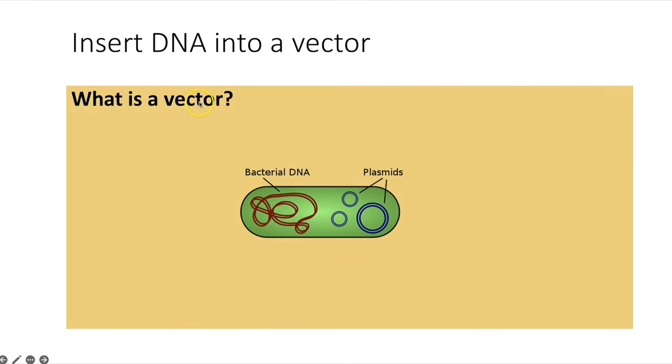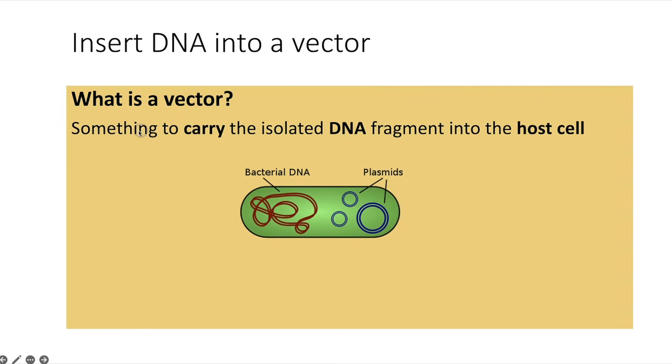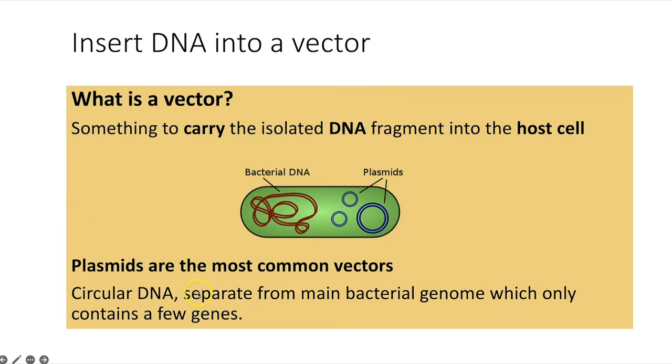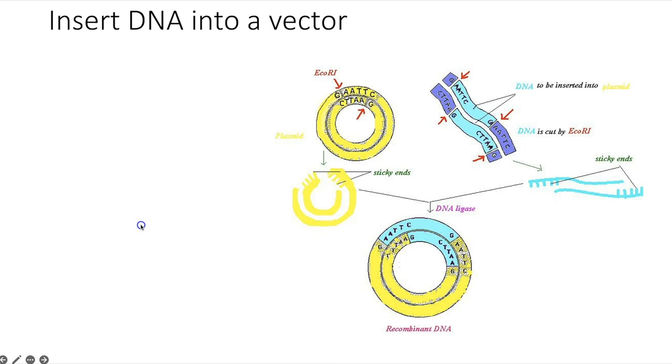Once we've done that, then we insert this DNA into a vector. And a vector is something that carries this DNA fragment into the host cell. Plasmids are the most common vectors which are used, and plasmids are loops of DNA that are found in some bacteria. So that circular DNA, which is separate from the main bacterial genome, only contains a few genes.